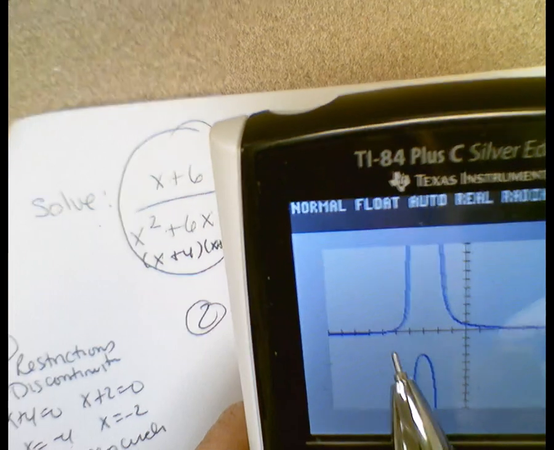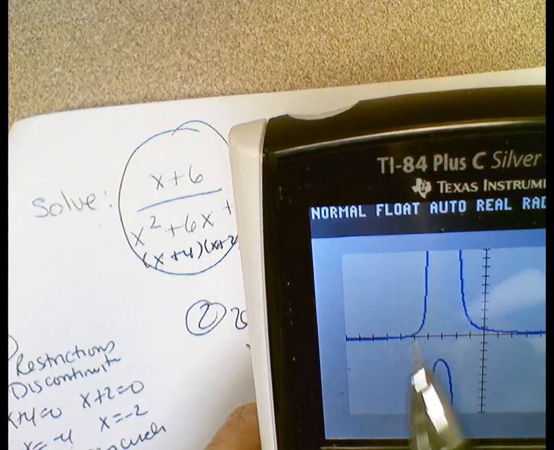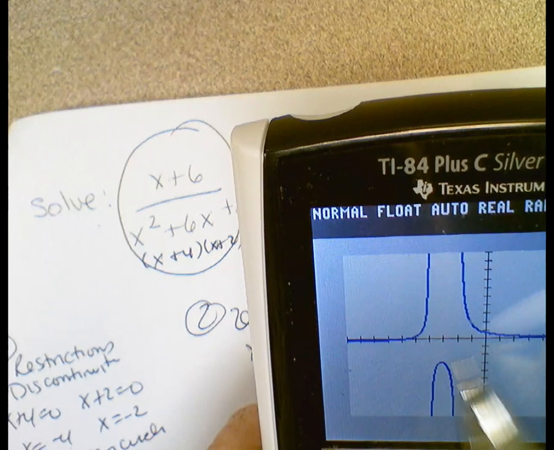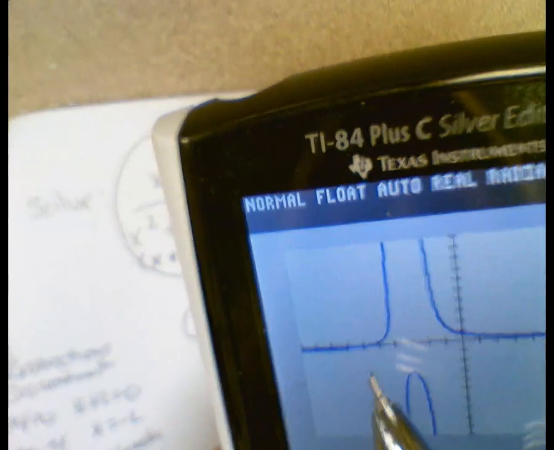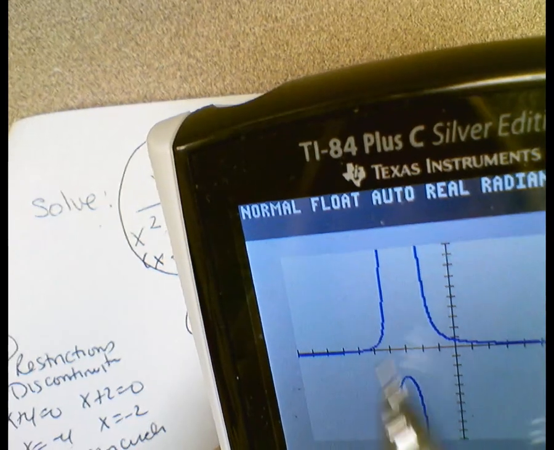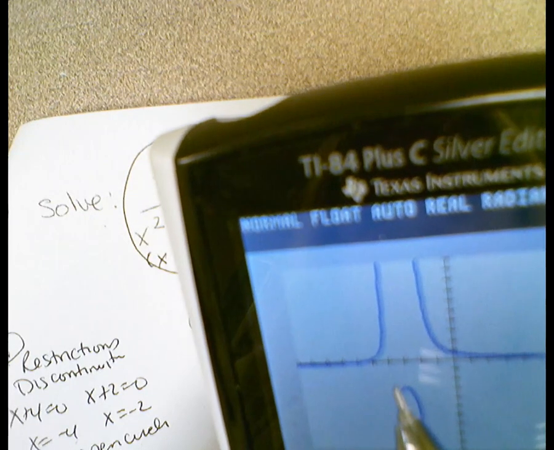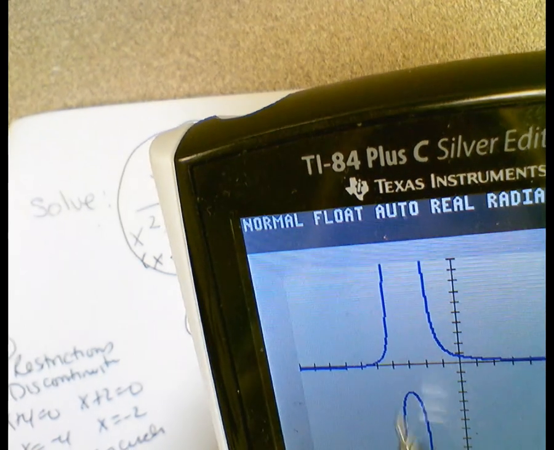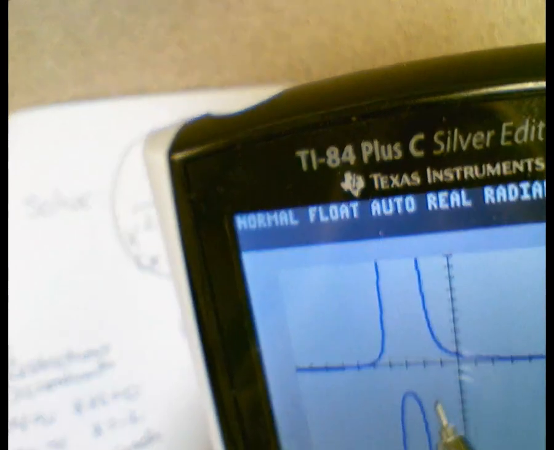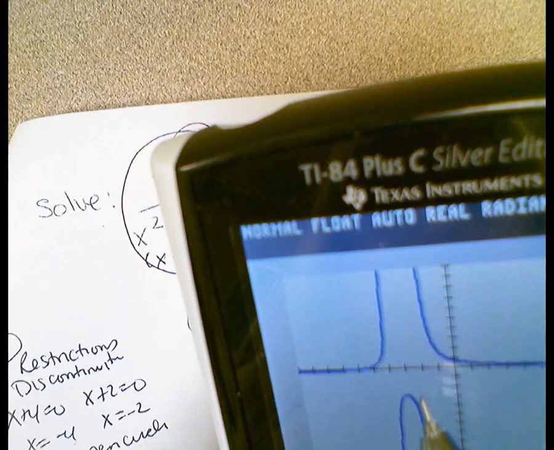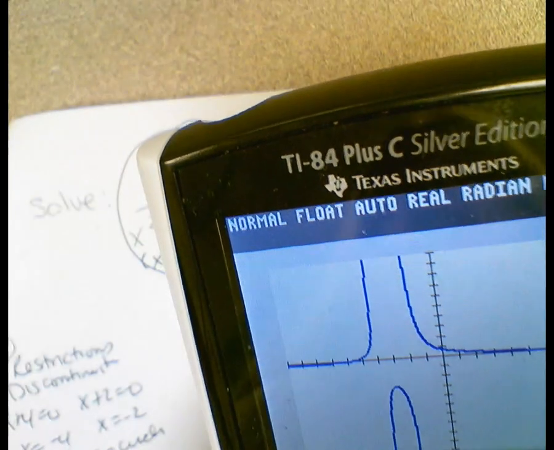At -6, it crosses, and then it goes above. So from -6 to the asymptote at -4, it's above 0. Then between the asymptote -4 and the asymptote -2, it's all below 0, or less than 0. And then when does it go back above 0? After the asymptote -2, it goes above 0, and it looks like it stays above 0 the whole time.